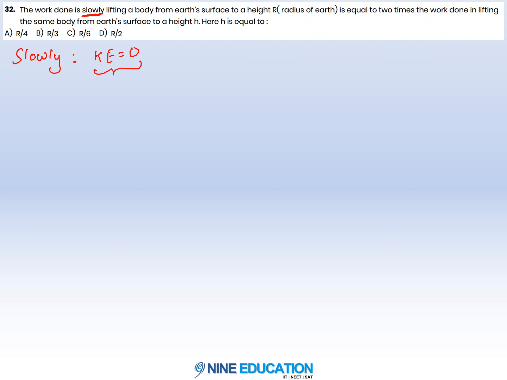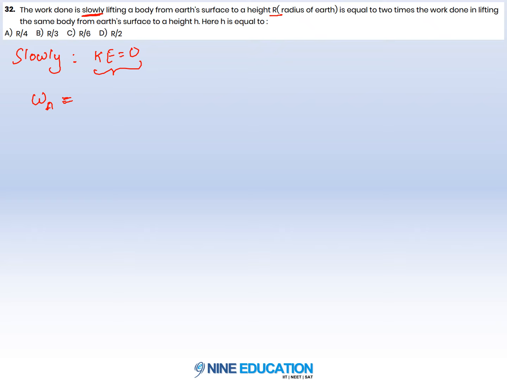In lifting a body from the earth's surface to height r is equal to 2 times the work done in lifting the same body from earth's surface to height h. So we know work done is change in potential energy. Work done by the force is change in potential energy, and work done by gravitational force is negative change in potential energy.